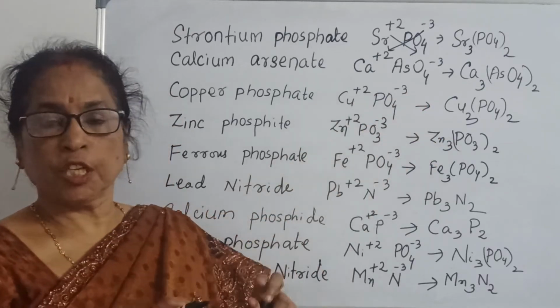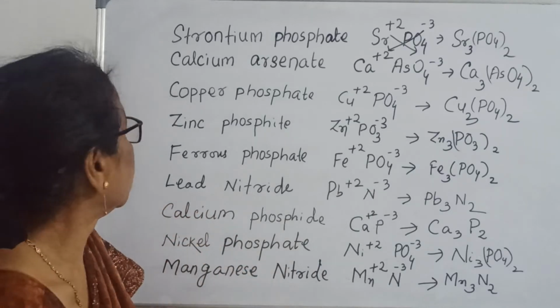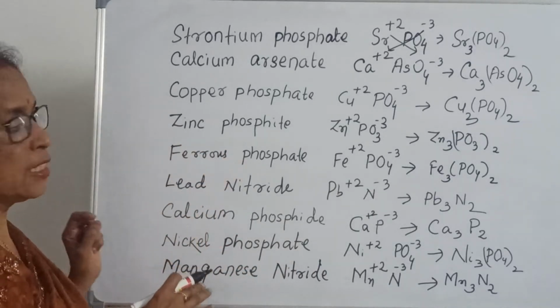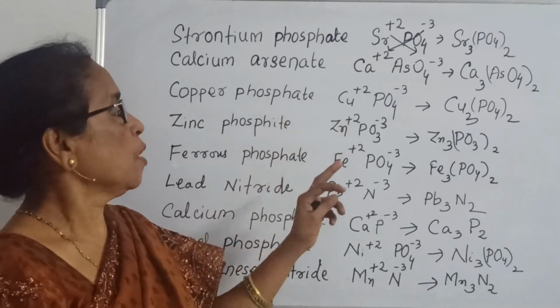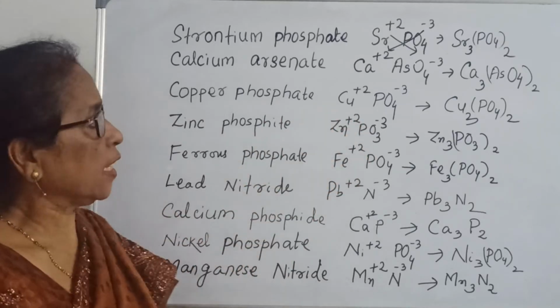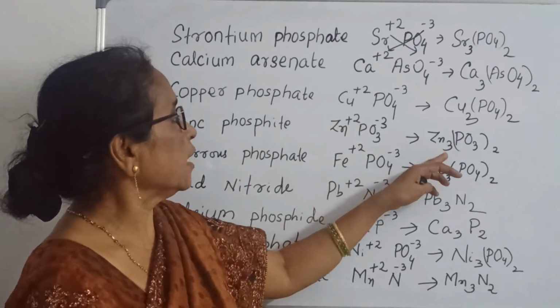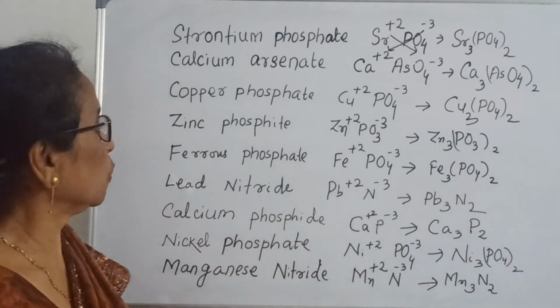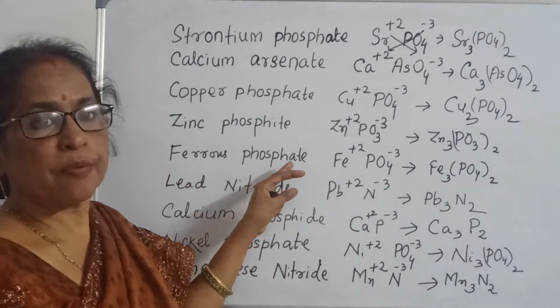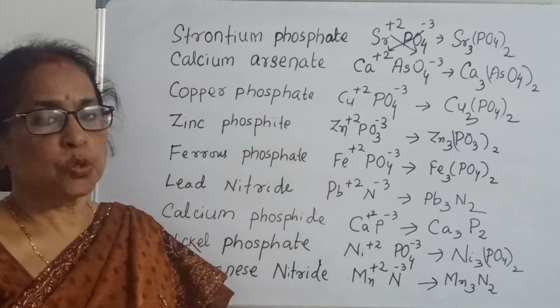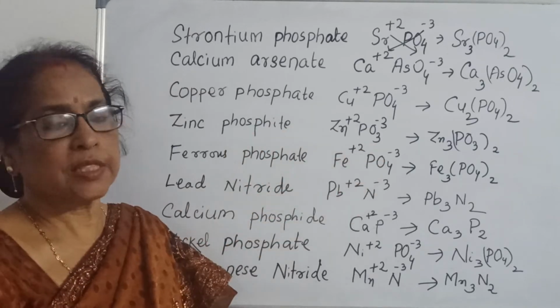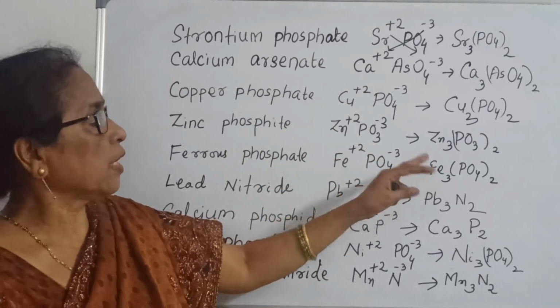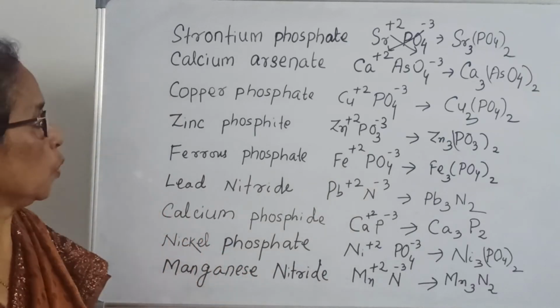So the formula is Cu3(PO4)2. Zinc phosphite. Zinc is Zn plus 2, PO3 minus 3. So it comes to Zn3(PO3)2. Ferrous phosphate. Ferrous means Fe plus 2, PO4 minus 3. Then it comes to Fe3(PO4)2.